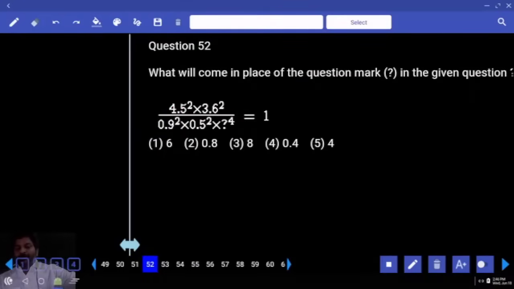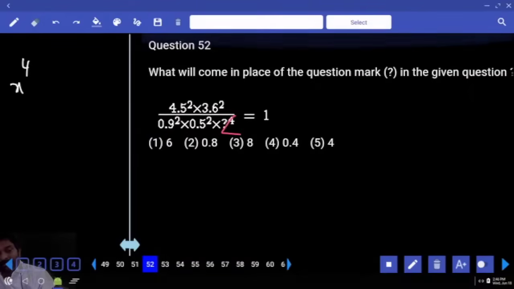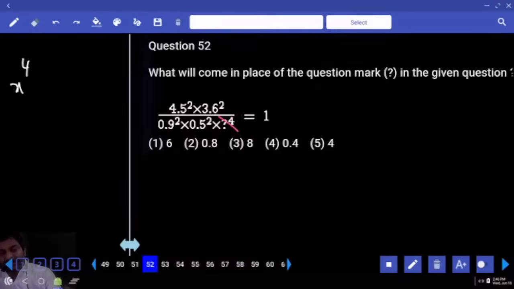X power 4 goes to right hand side. Matladali. X power 4. We have taken this number to right hand side. Now left hand side numerator, how many numbers are there? 2. Denominator, how many numbers are there? 2. So total 4. Observe every number. There is only 1 digit after decimal.